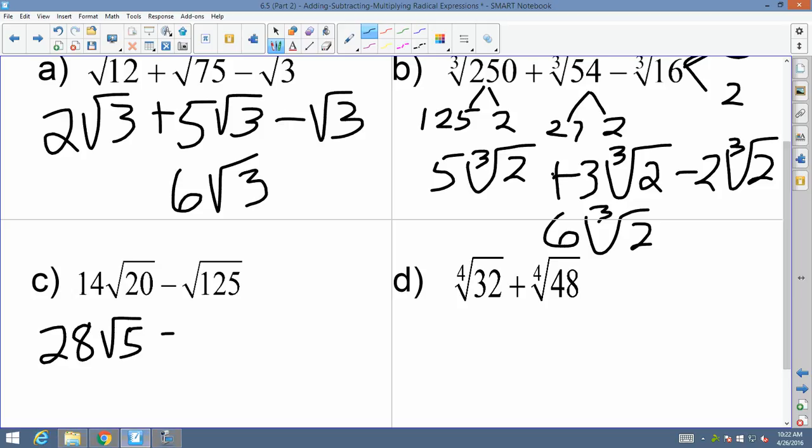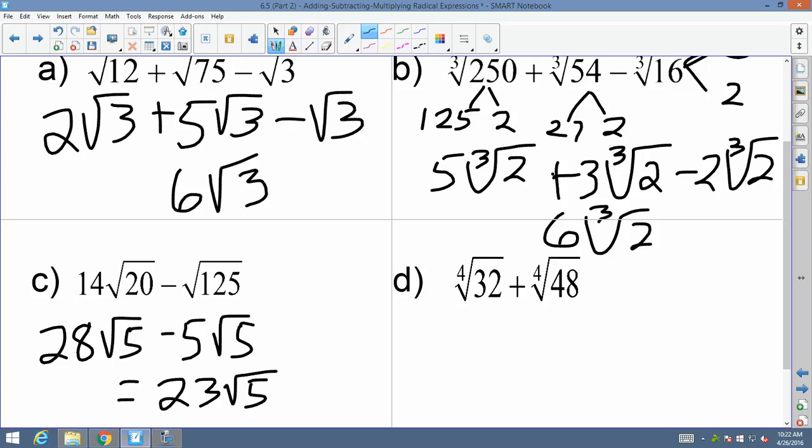How about 125? What is 125 made up of? 25 and 5. Very good. So I've got 5 square root of 5. So my answer here would be 28 square root of 5 minus 5 square roots of 5 equals 23 square roots of 5. Very good.